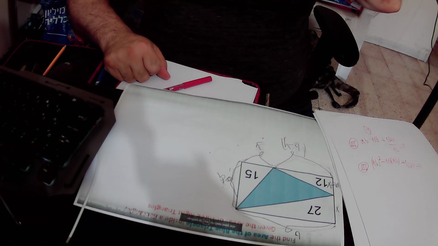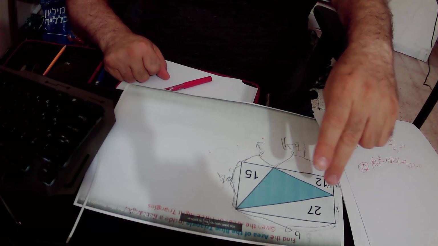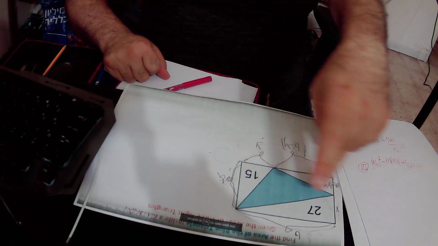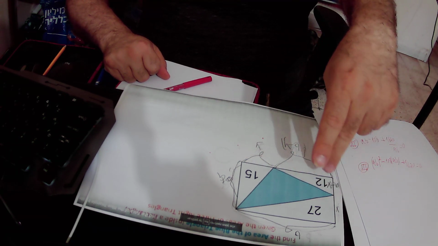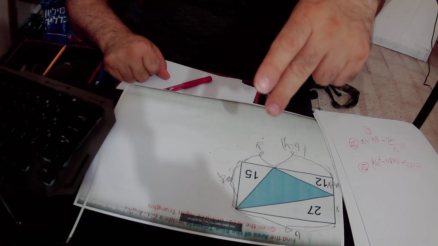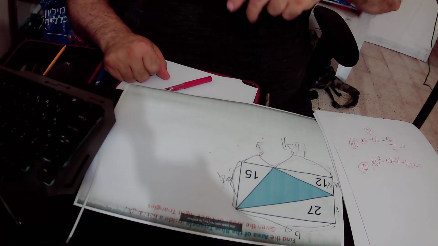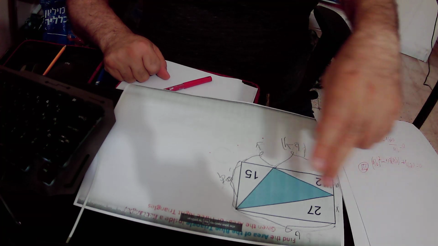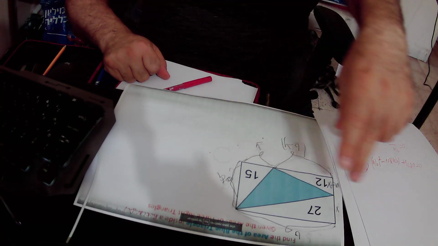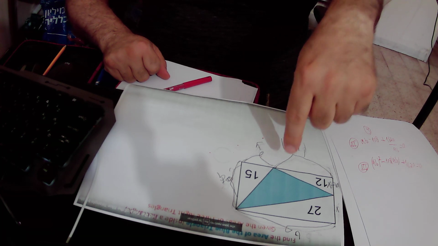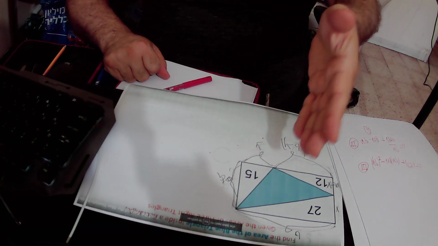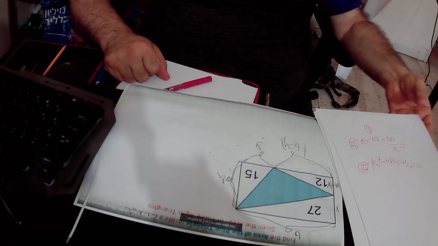And when we subtract the sum of the areas of the three triangles from the area of the rectangle, we will get the area of the blue triangle.